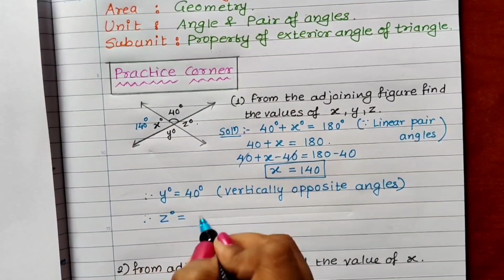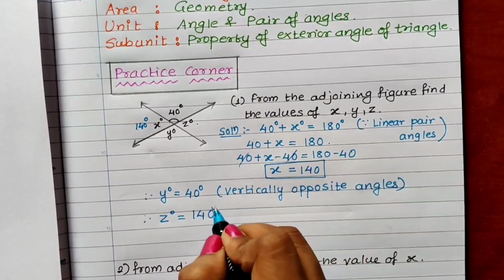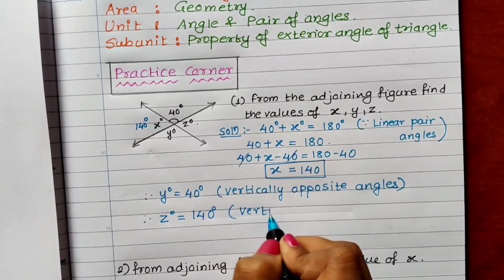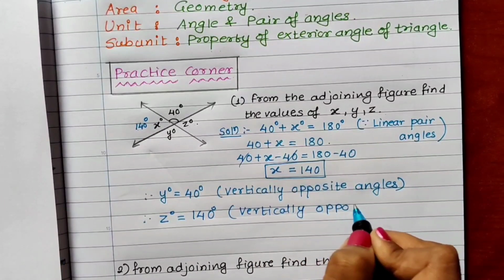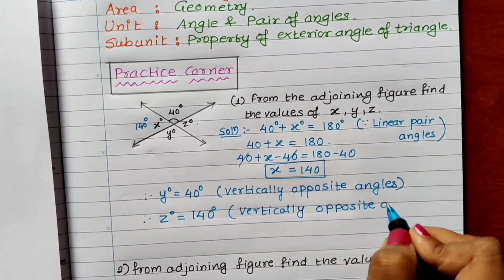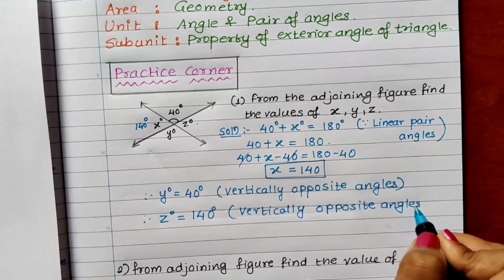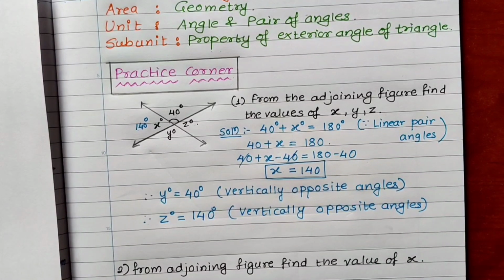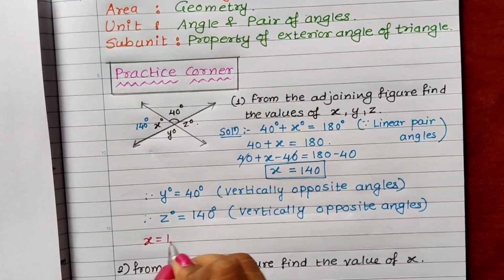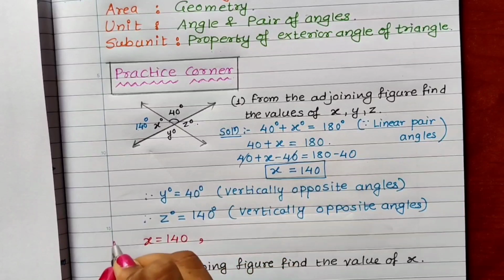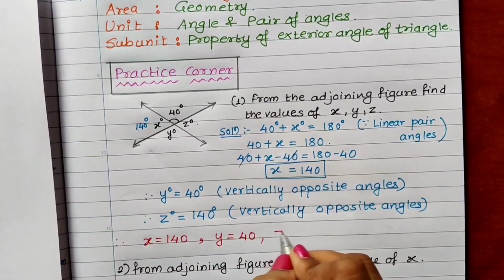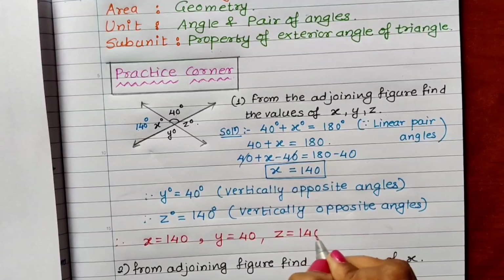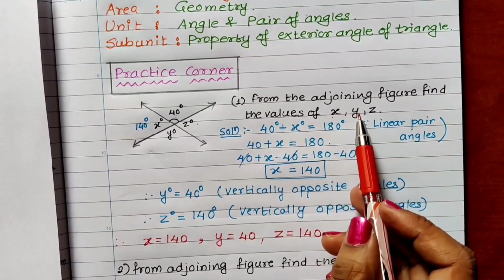Z is equal to 140 degrees because again they are vertically opposite angles. In this way we have got the values of x, y and z. So x is equal to 140, y is equal to 40, and z is again 140.